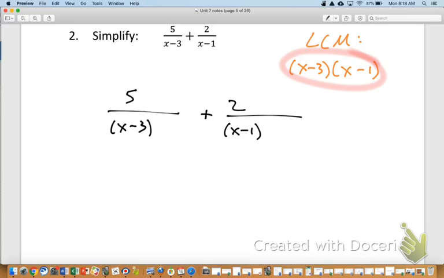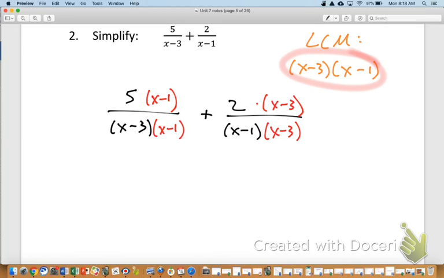What do I need to do to that first fraction? There you go. So I multiply the bottom by that, and then just like before, whatever I multiply the bottom by, I need to multiply the top by the same thing. How about the second fraction? What do I need to do to that one? Yep. And top, same thing.